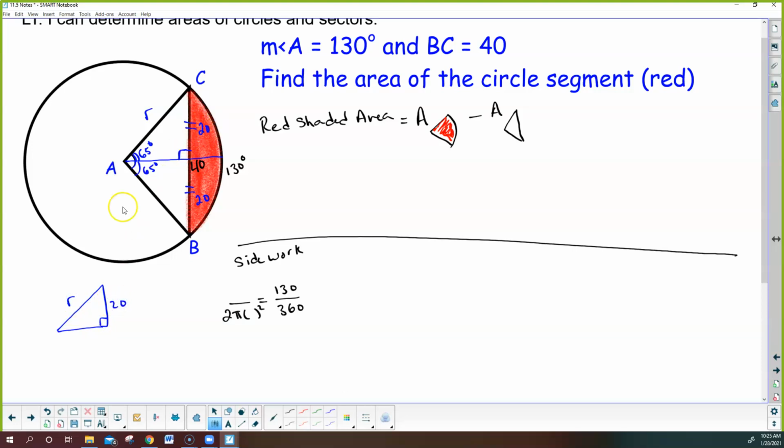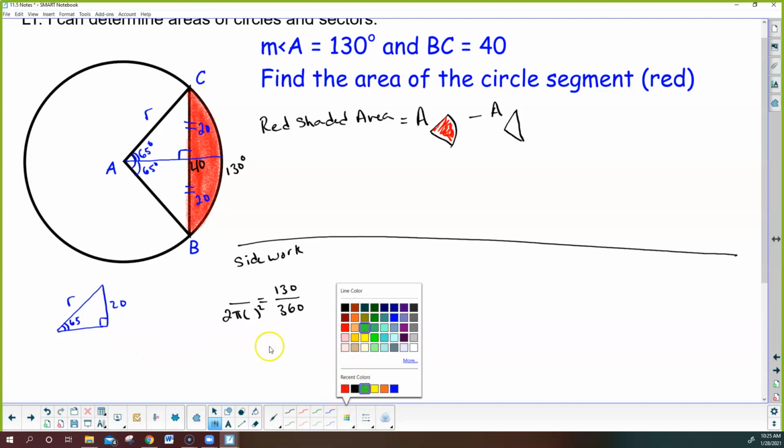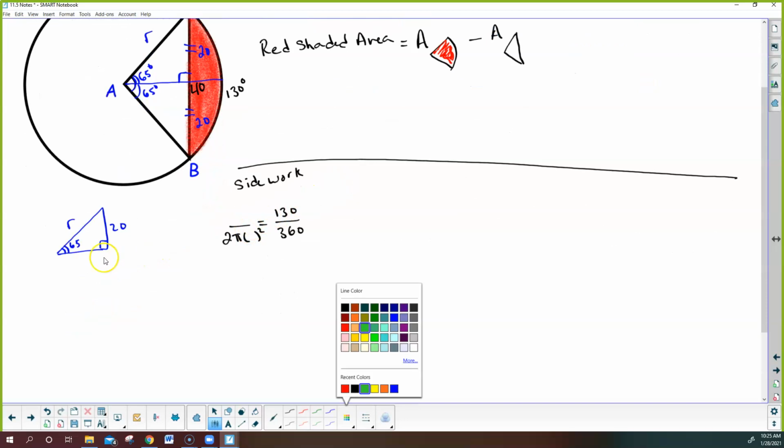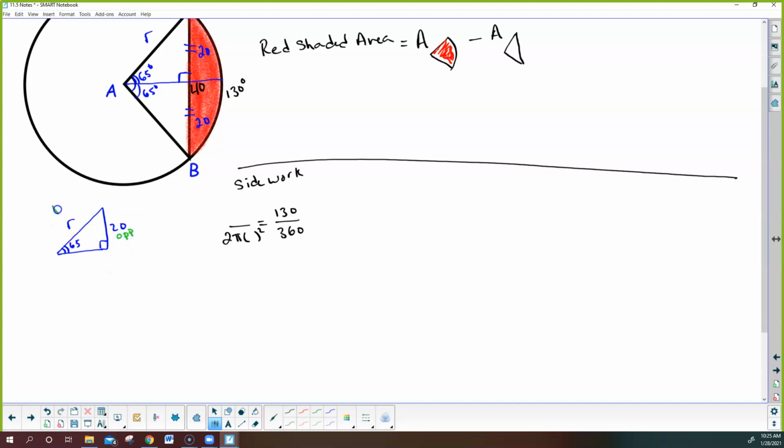We know that this length is 20, and this angle measure is 65 degrees. Well, we now have to find the radius, and we're given the opposite and the hypotenuse.